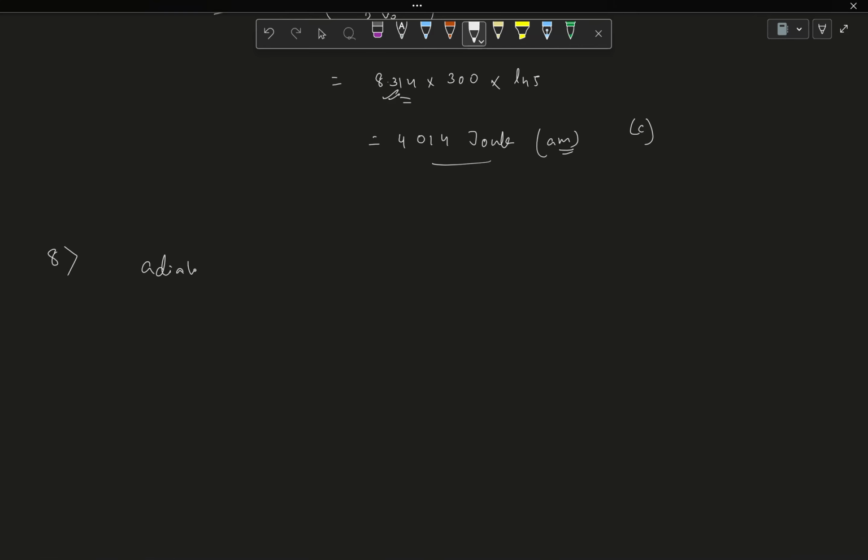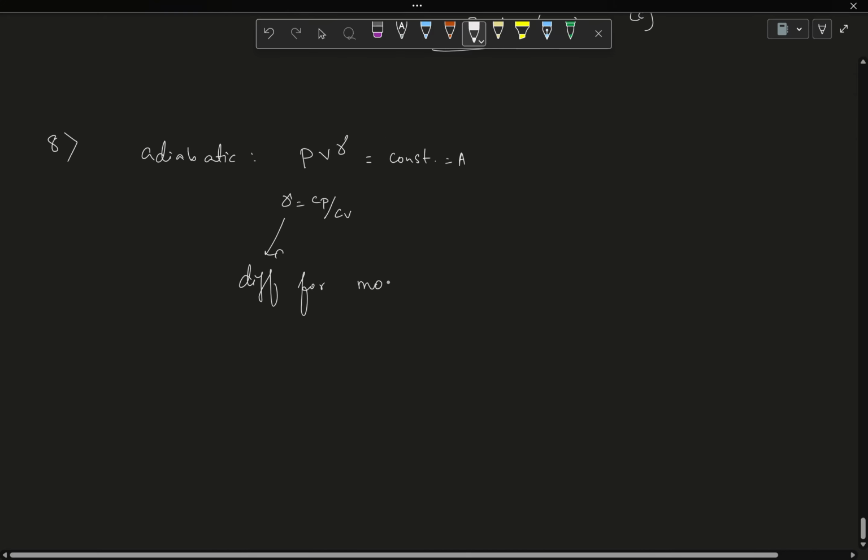First of all, this is an adiabatic expansion process where the main relation you have to use is PV to the power gamma equal to constant, where gamma is the specific heat ratio Cp by Cv. Now gamma is different for monoatomic.